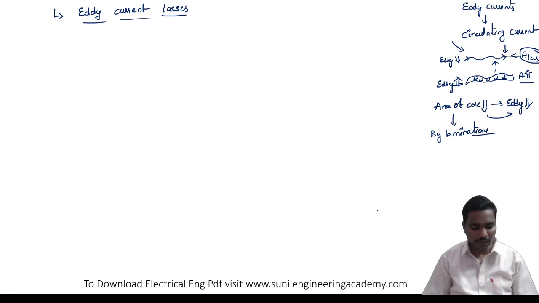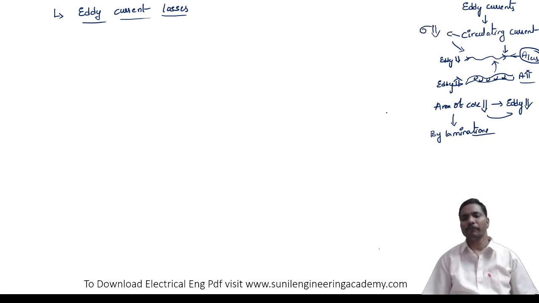Correct? So all of you clear? Whenever the current is more, eddy currents are more, and eddy current losses are higher. If we reduce the conductivity of that material, then eddy current will also become less. So the possibilities are reducing the conductivity and lamination.